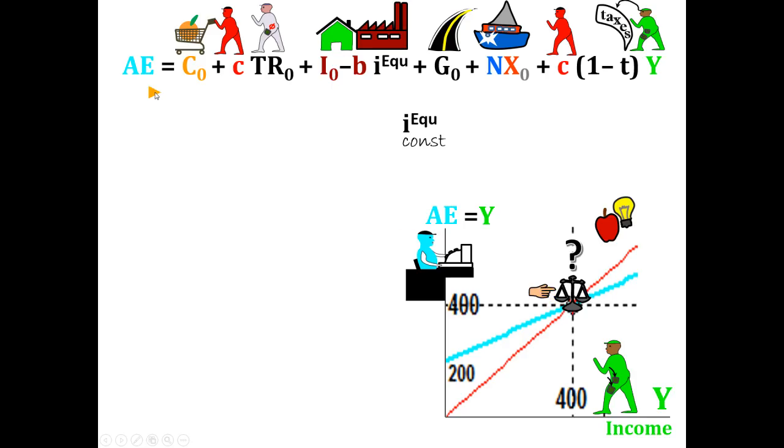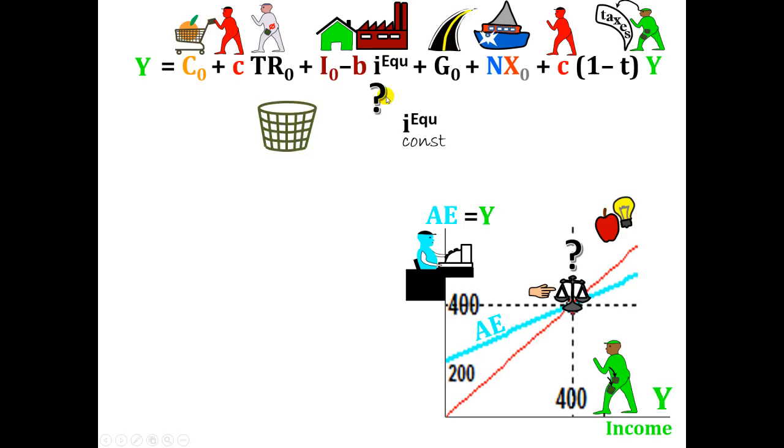So here I can use y instead of aggregate expenditure because they are the same, and now we have y on both sides that we are going to unite.